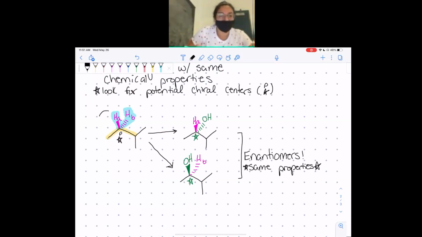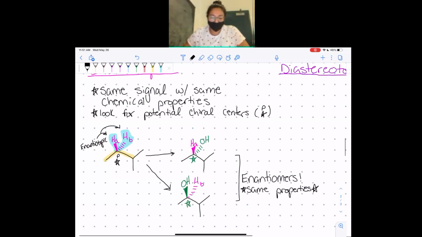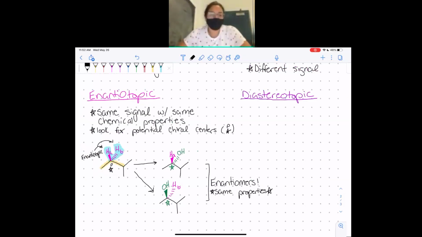Since they form a set of enantiomers, their relationship to one another is that they are enantiotopic. Therefore, they will give you one signal, so they will be exactly the same. They just have a fancy name, so nothing is really going to change.